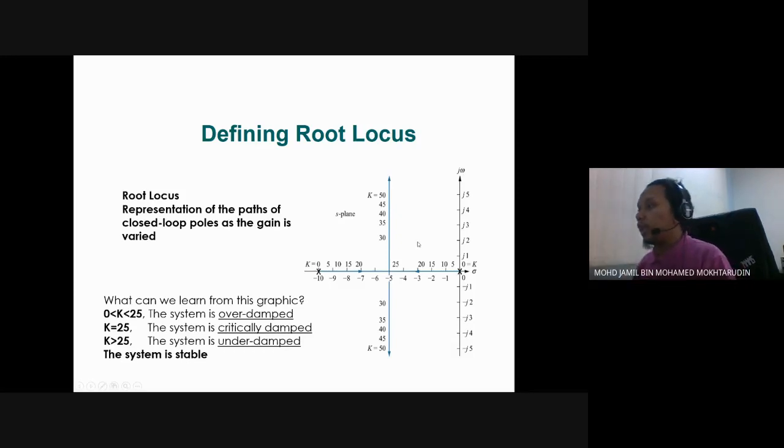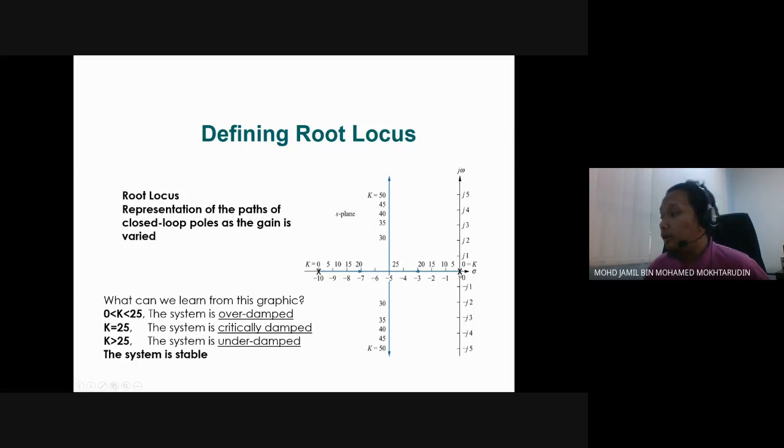From the root locus, you can determine the stability of a system. You first look at where the poles are located. Here, the poles are located on the left-hand side of the S-plane. There are no poles on the right-hand side, meaning that the system is stable.